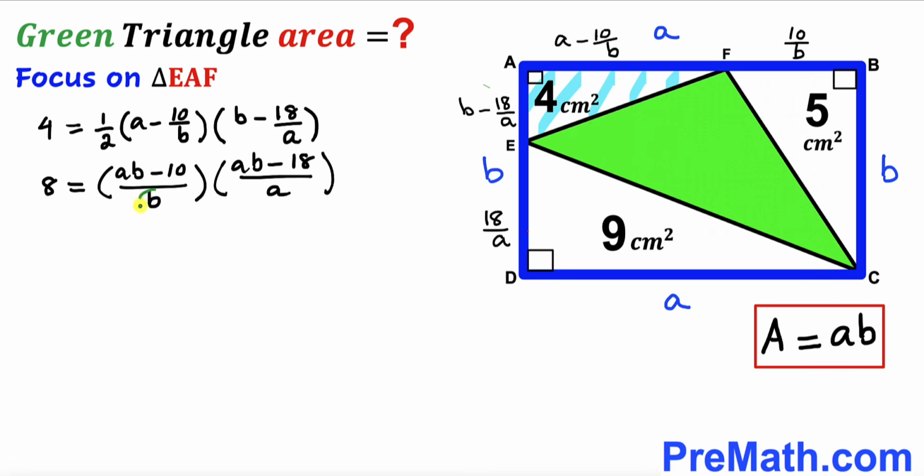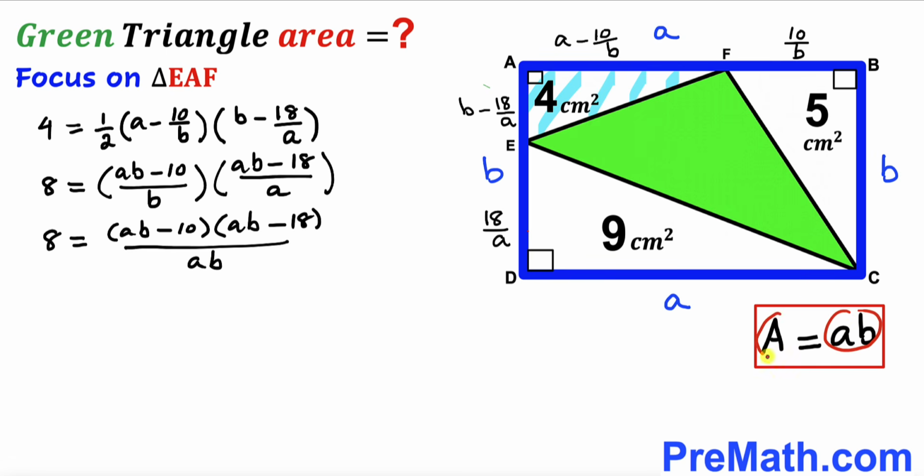And now when we multiply, we can put these together, A times B. So therefore we could write 8 equals (AB minus 10) times (AB minus 18) all over A times B. And now we know A times B equals uppercase A. So therefore I'm going to replace this with uppercase A, this with uppercase A, and likewise this with uppercase A as well, as you can see in this next step.